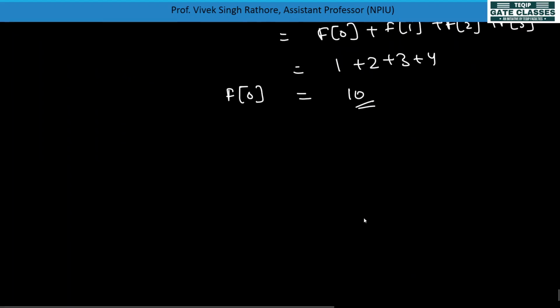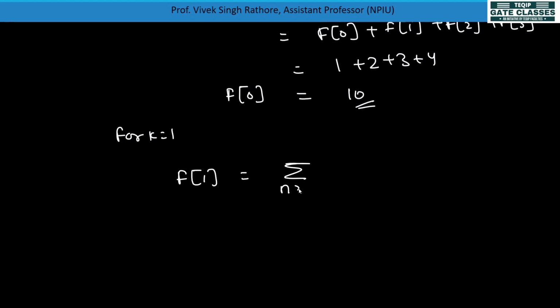So f of 1 is for k equal to 1. Here we write n equal to 0 to n minus 1, f of n, minus j to the power k n. Since k is 1, we write minus j to the power n.